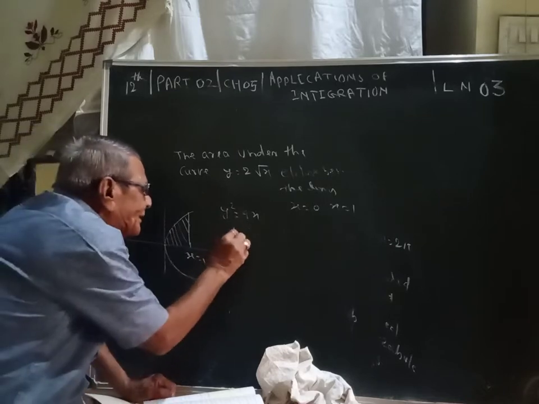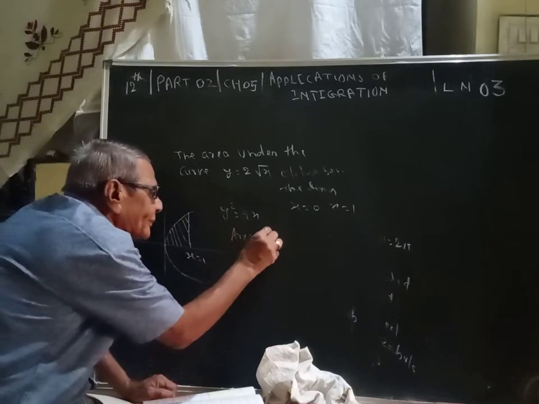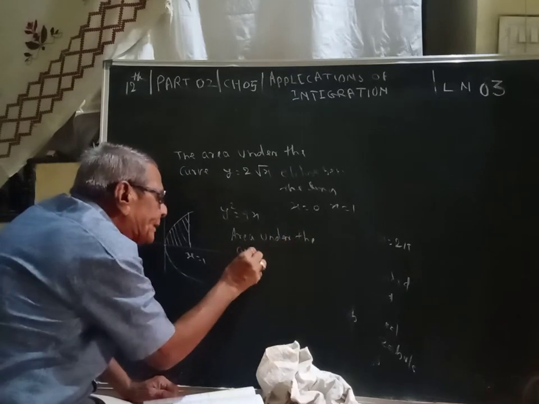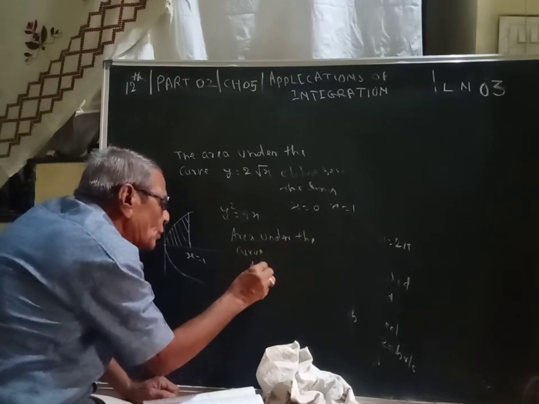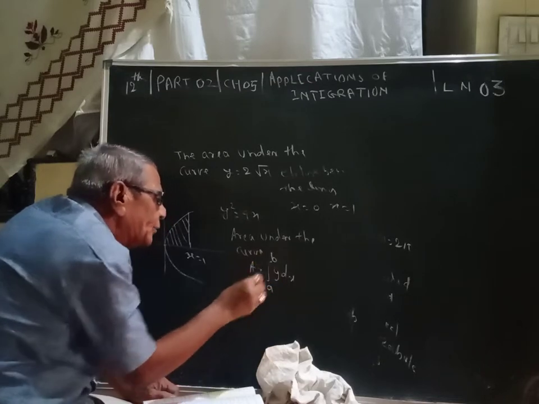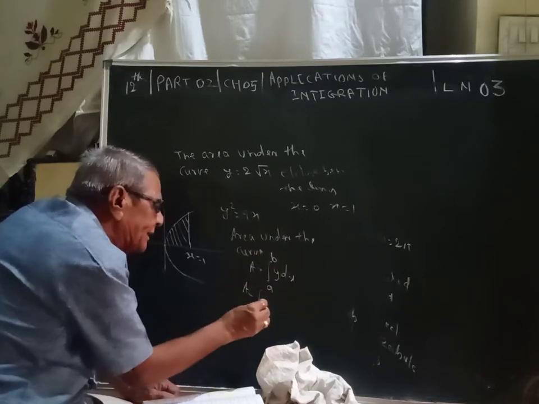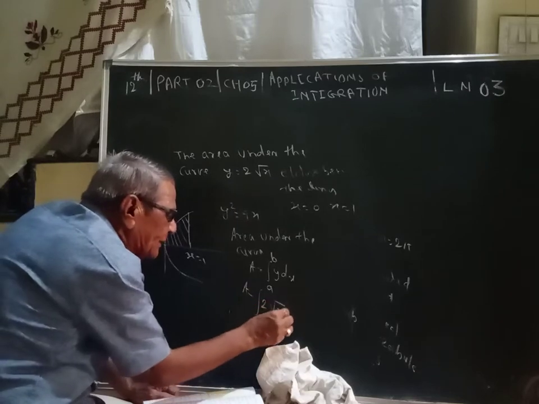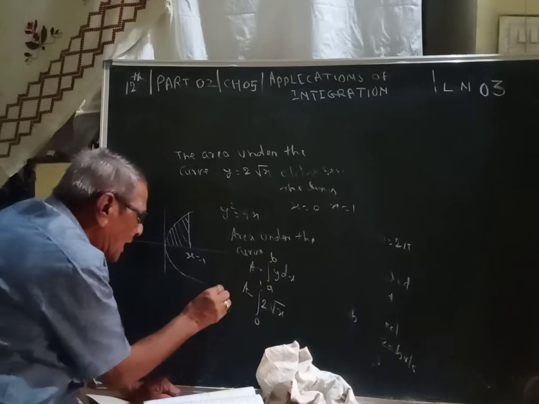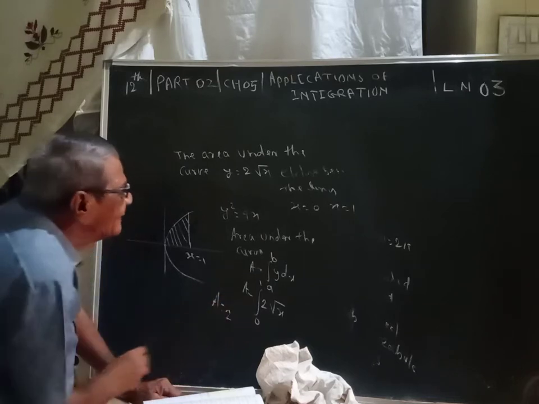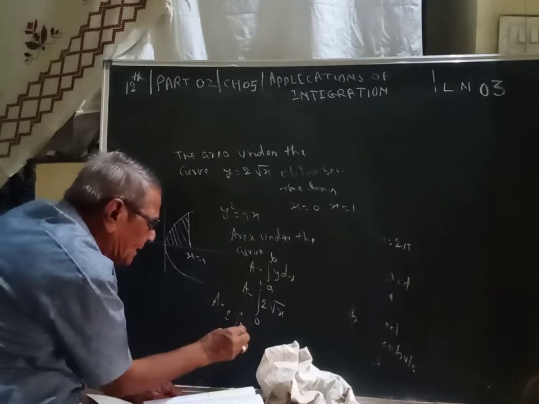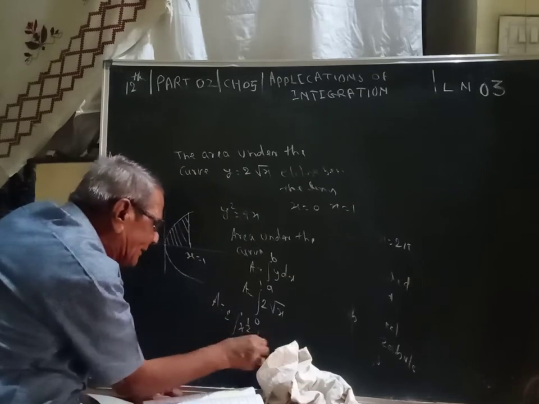So area under the curve A is equal to integration of y dx between the limits a to b. So A equals integration of 2 root x between the limits 0 to 1. So A is equal to 2, and integration of x raised to 1 by 2 dx.